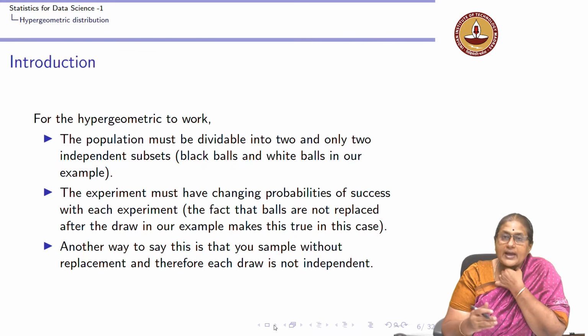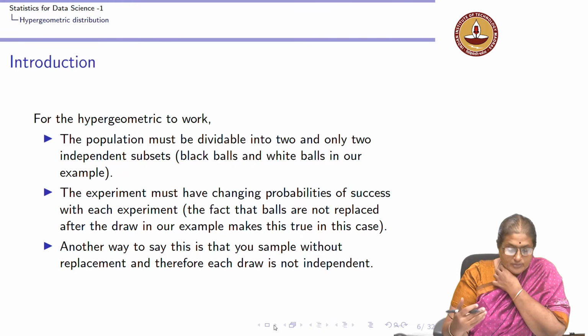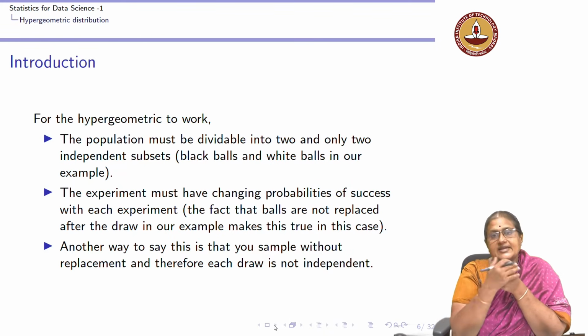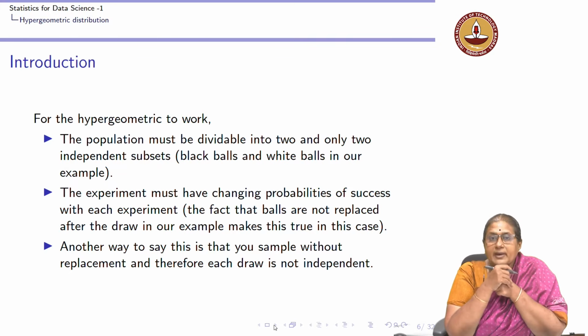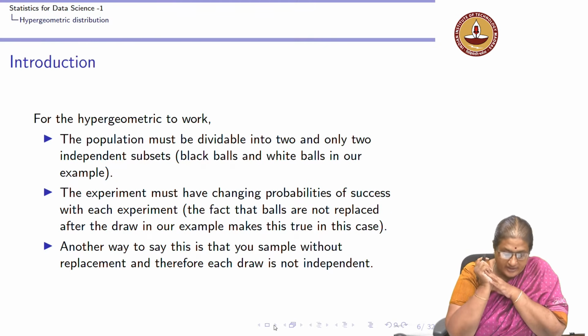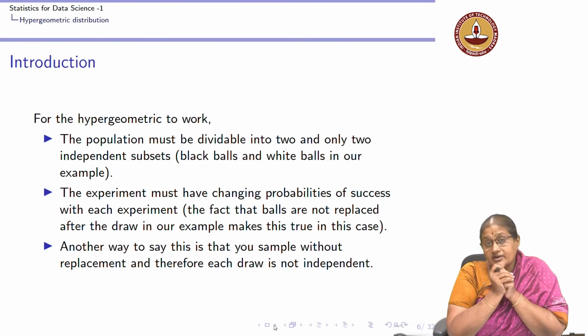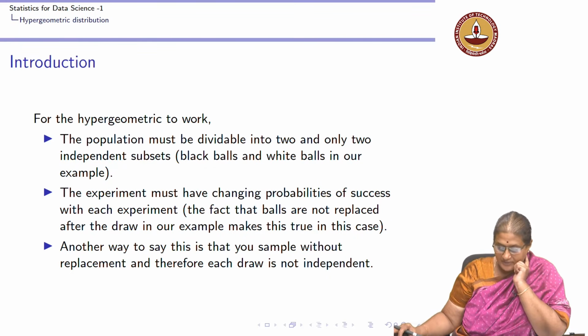So I had black and white balls. The experiment must have changing probabilities of success. We have already seen that the chance of drawing a black ball was changing with my trials. And here we need to understand that I am sampling without replacement.